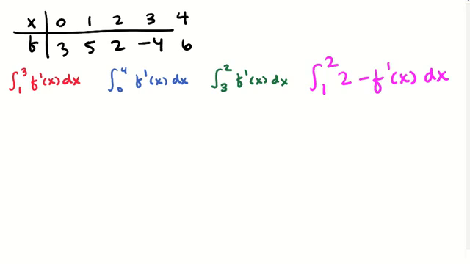So I've found an antiderivative for f prime. That's f of x. We're going to evaluate that from 1 to 3, and that means I'm going to have f of 3 minus f of 1. Those are pieces of data from the table. Here's f of 3 and there's f of 1. So that's going to be negative 4 minus, oh no, that's not f of 1. That's f of 1. Negative 4 minus 5 is negative 9.